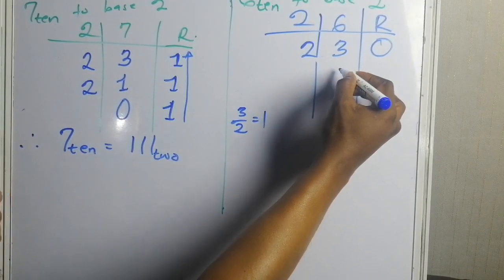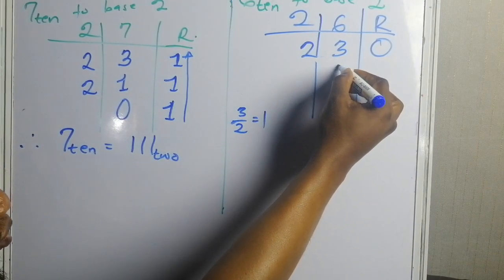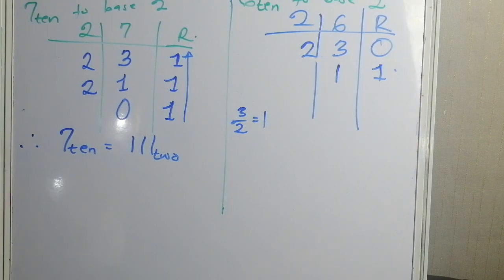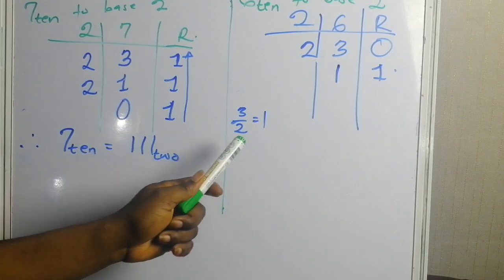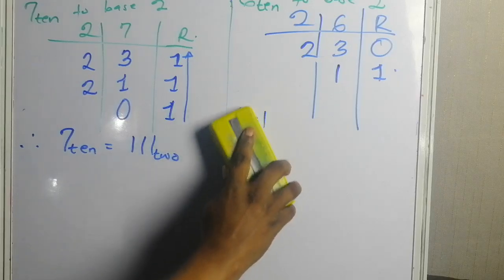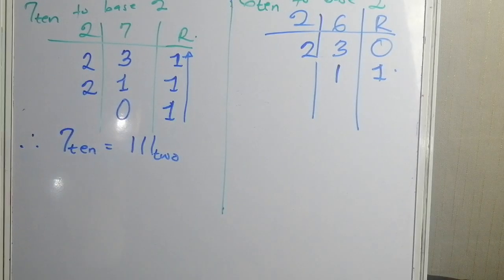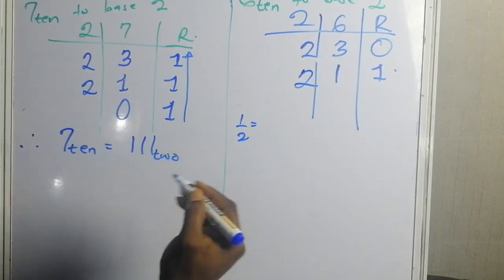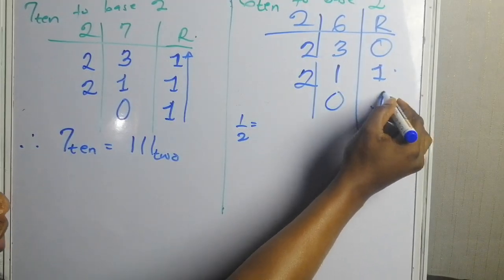So you have 1, remainder 1. Then 1 divided by 2, like I said, is not possible. Just write your 0. You have your 1.